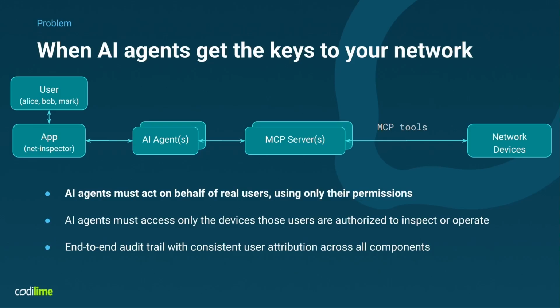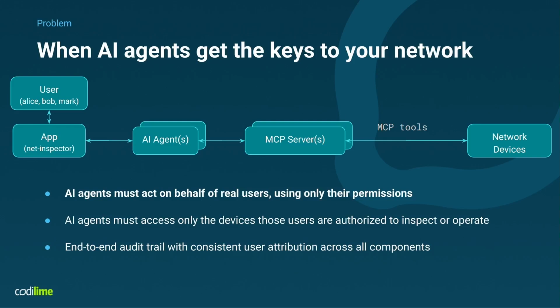The secondary goal is that the agents can only access the devices that are authorized for particular users. And of course, as the path from the user intent to execution of particular commands on network devices is quite complex in that architecture, we need to ensure an end-to-end audit trace.